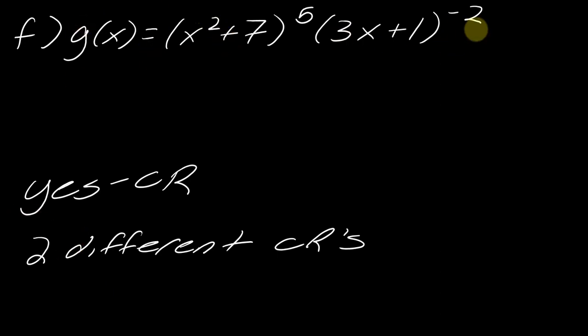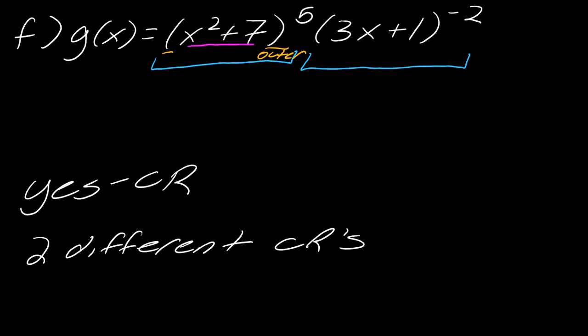We have the product rule that we have to use here, and here's one function, here's the second function. So that's for the product rule. Then within this function, this is my outer function, and this is my inner function. And then here's my outer function, this thing to the negative second, and here's my inner function, okay? So that's the breakdown there.